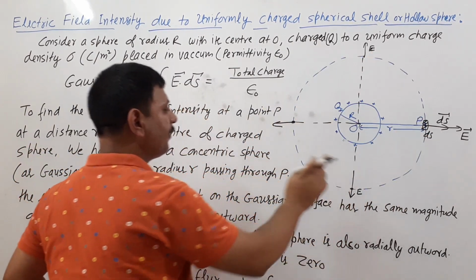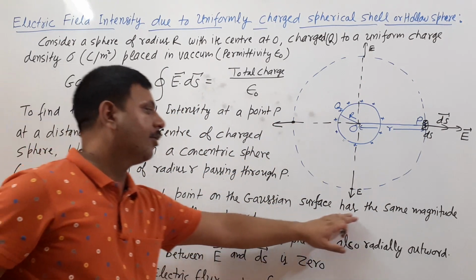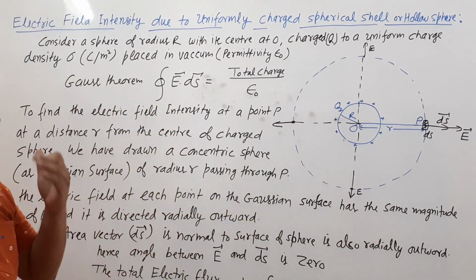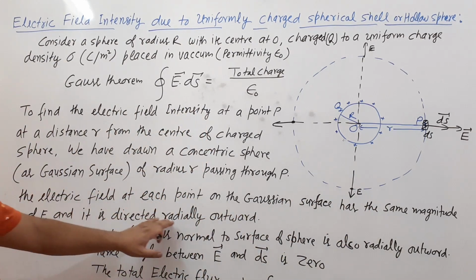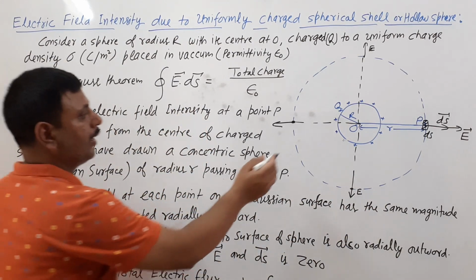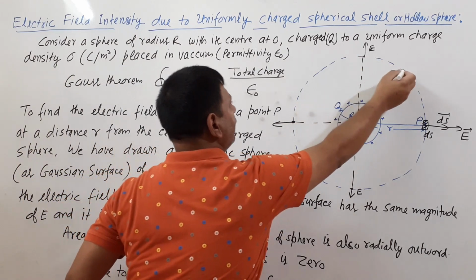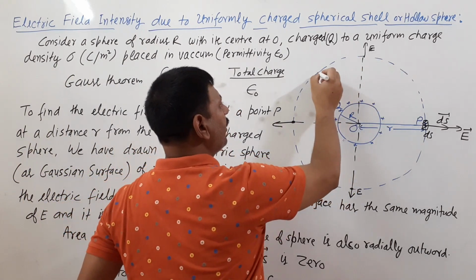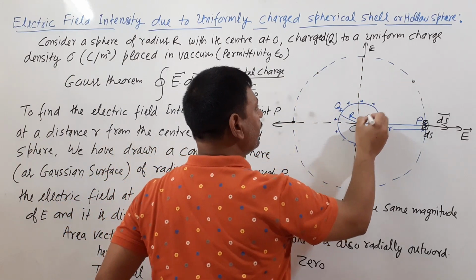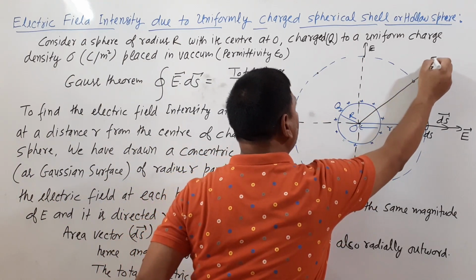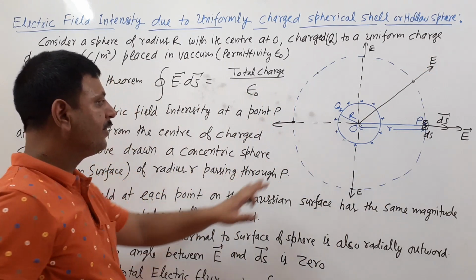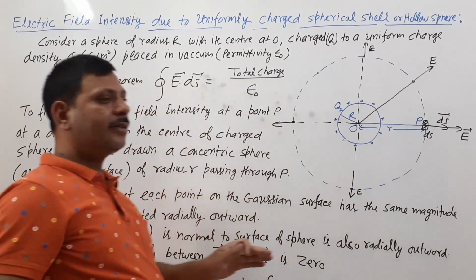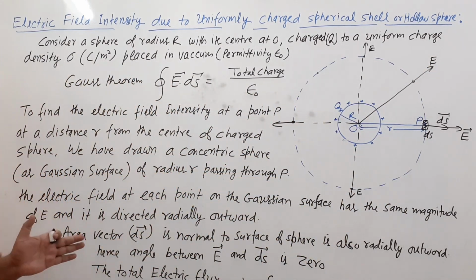On this Gaussian surface, the electric field always has the same magnitude and is directed radially outward. By symmetry, the magnitude at every point is the same.